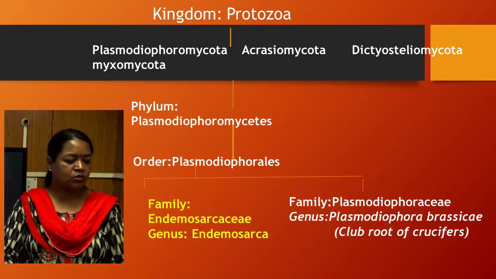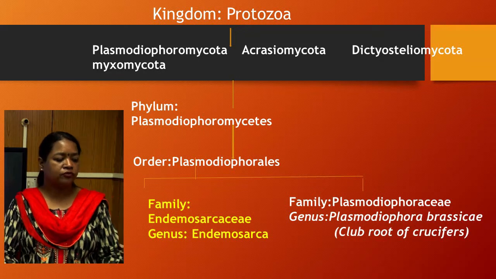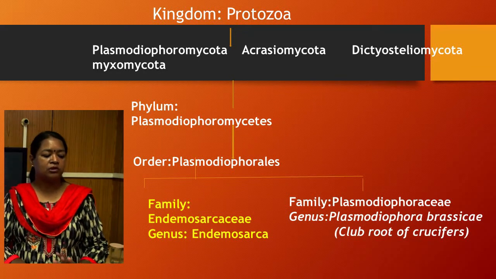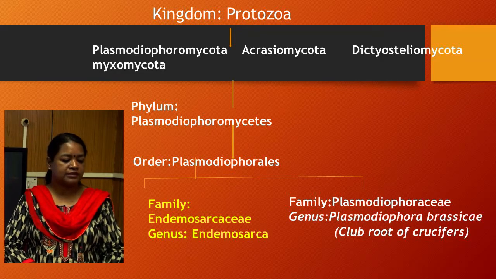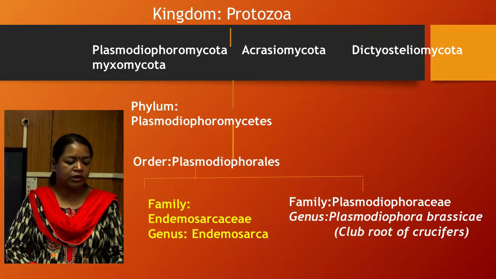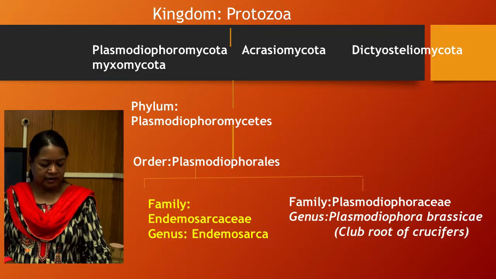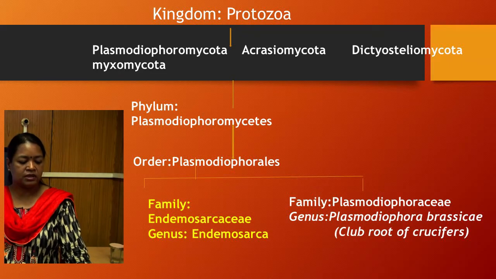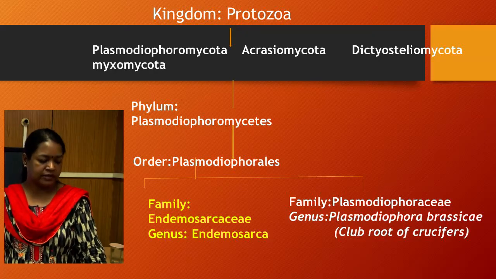We discuss only the phylum Plasmodiophoromycota, having order Plasmodiophorales, containing important family Plasmodiophoraceae, having the genus Plasmodiophora brassicae, which is the causal organism of club root of crucifers.